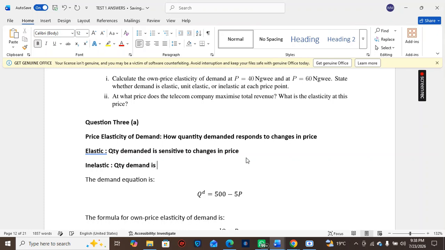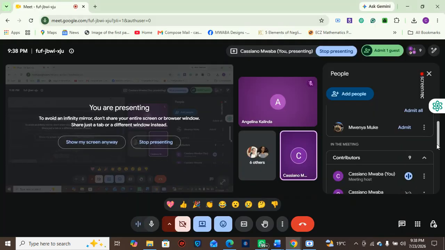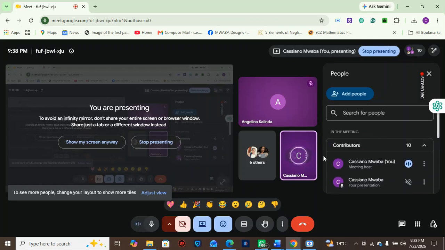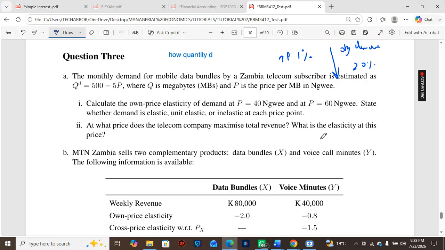Then when demand is inelastic, quantity demanded is not that sensitive to changes in price. Here's an illustration of inelastic demand: you increase price by 20%, and quantity demanded maybe drops by just 2%.